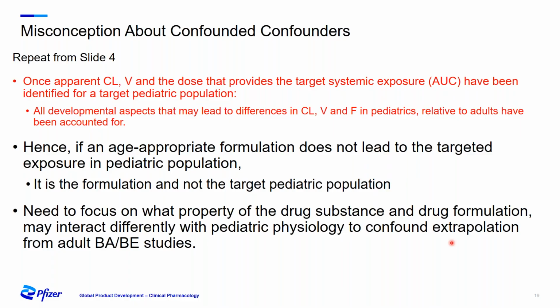If there's one take-home message from this webinar, this is the most important: how do we identify what risk can contribute to a lack of extrapolation from the BA/BE bridging trials to pediatrics.